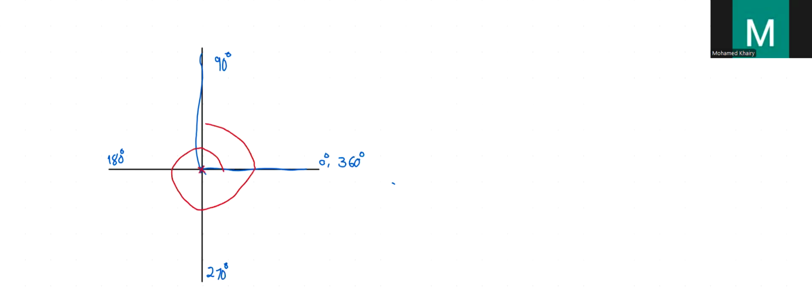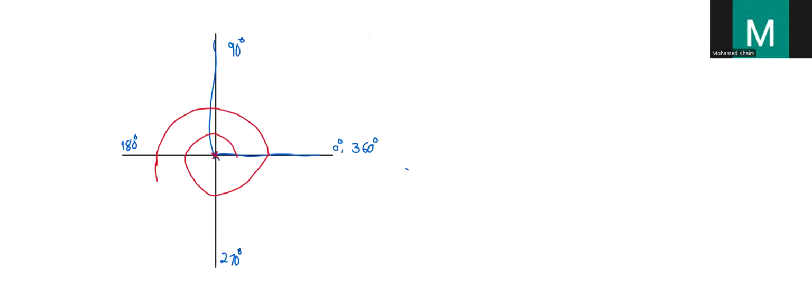So here we have one full rotation for each, which means we are repeating the same values. Brilliant. We said this is the first quadrant, this is the second quadrant, this is the third quadrant, and finally this is the fourth quadrant.